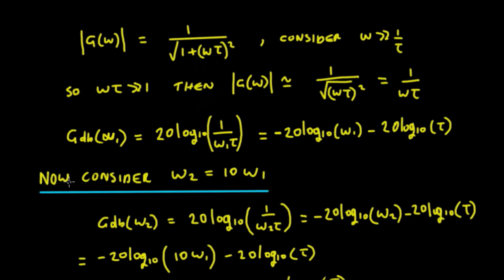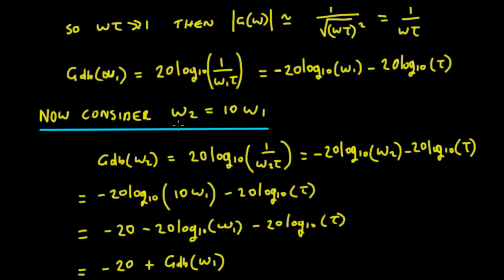Now if we consider a second example for omega, so we have omega 2 equals say 10 times omega 1, then we'll have our gain in dBs of omega 2 would be 20 log to the base 10 of 1 upon omega 2 tau, which will equal minus 20 log to the base 10 of omega 2 minus 20 log to the base 10 of tau.